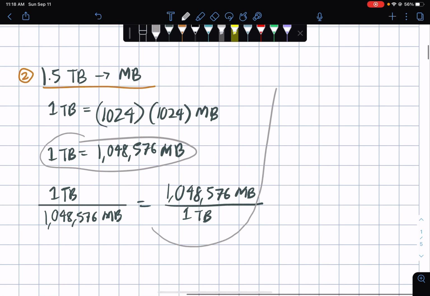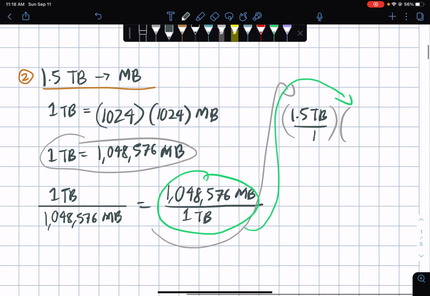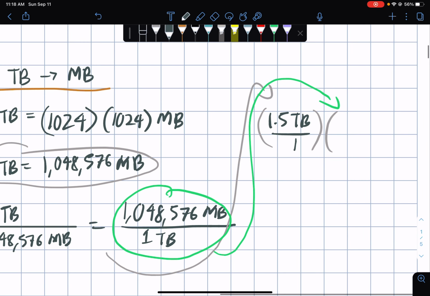Alright, so let's move on. 1.5 TB over 1, as always. Place 1 as our denominator and choose which fraction can cancel the unwanted unit and bring in the wanted unit. So 1,048,576 MB over 1 terabyte.